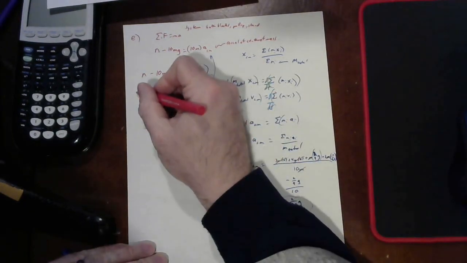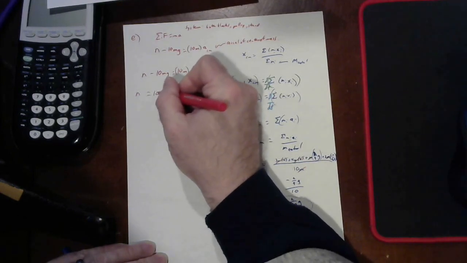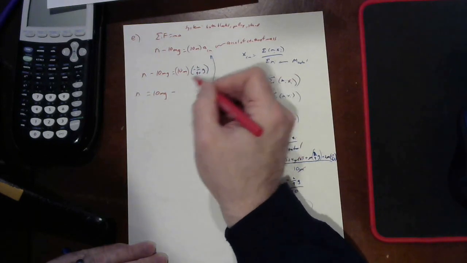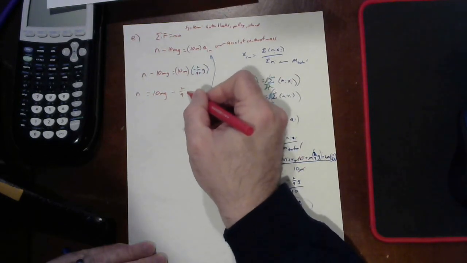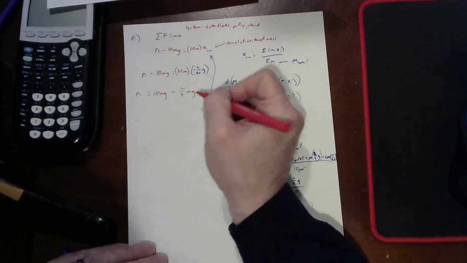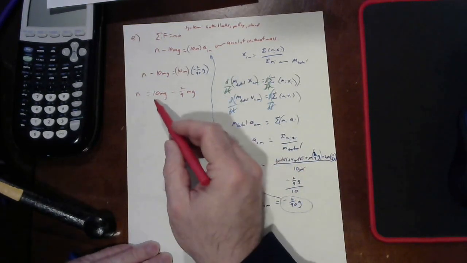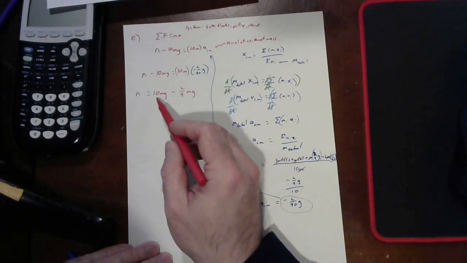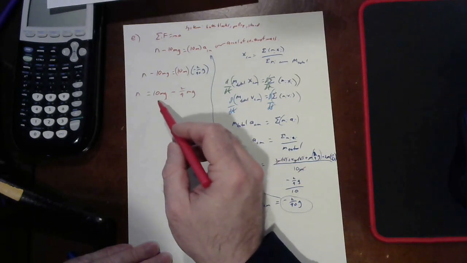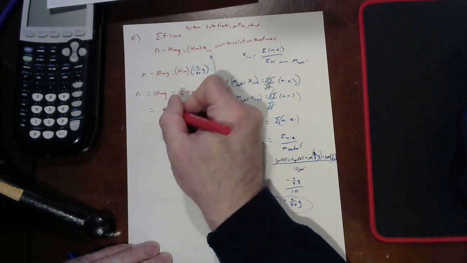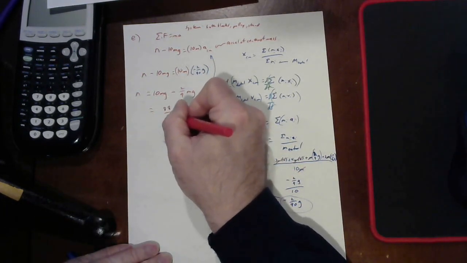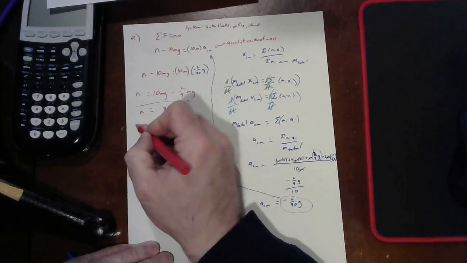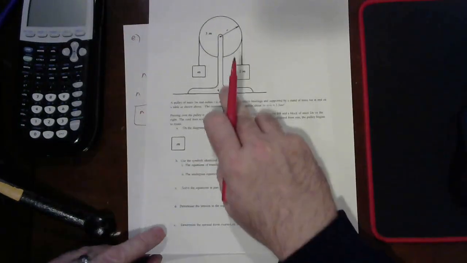Move the 10 mg over here. So here we go. And it'll be 10 mg minus 20/90ths, minus 2/9 mg if you want. Okay, let's get this common denominator of ninths. So multiply this by 9/9. That would be 90/9 minus 2/9. That would be 88/9 mg. That's how big the normal force is on the stand from the tabletop.